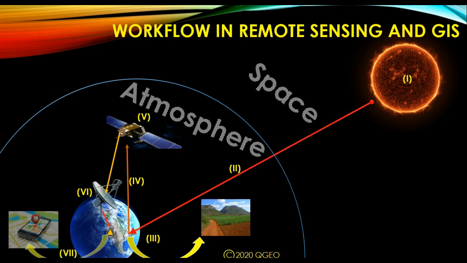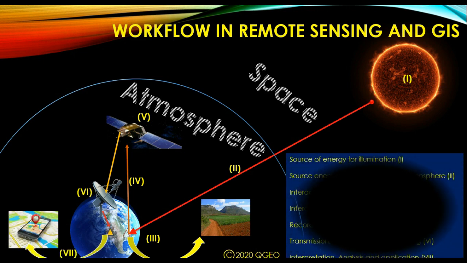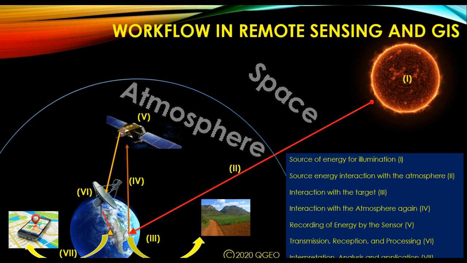Here, 1 is the source of energy for illumination, 2 energy interaction with the atmosphere, 3 interaction with the target, 4 interaction with the atmosphere again, 5 recording of energy by sensor, 6 transmission, reception and processing, 7 interpretation, analysis and uses.